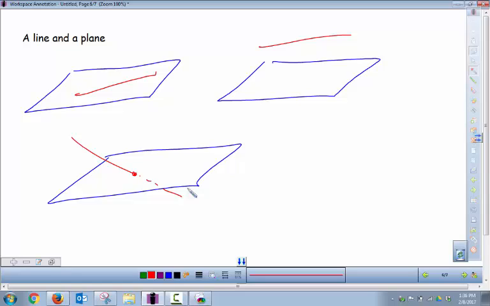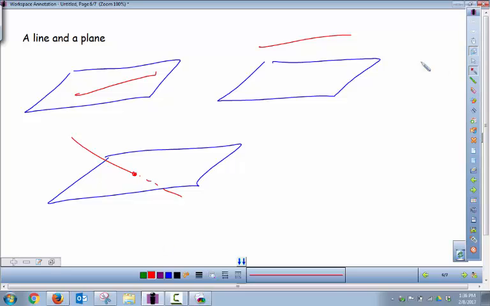Right. So it would intersect in a space. Ooh. It could possibly intersect in a space. Yeah. Let's talk about that another time. All right.